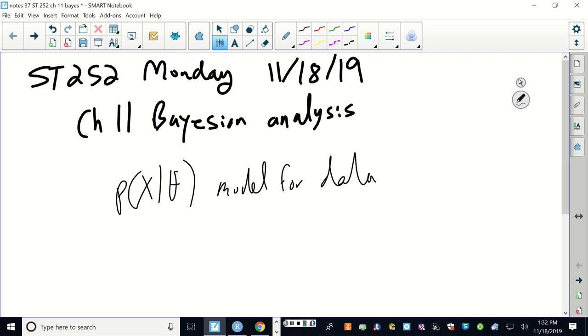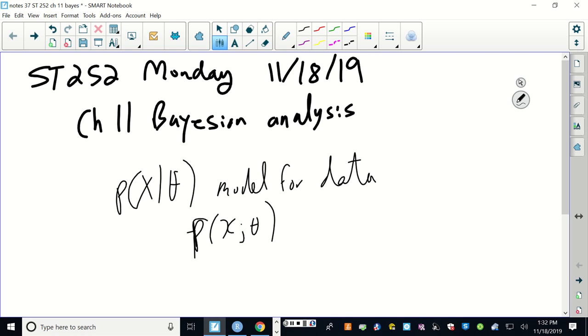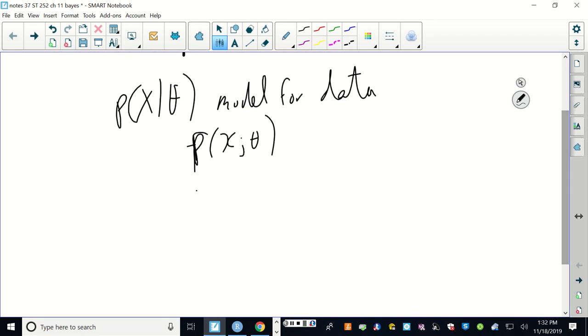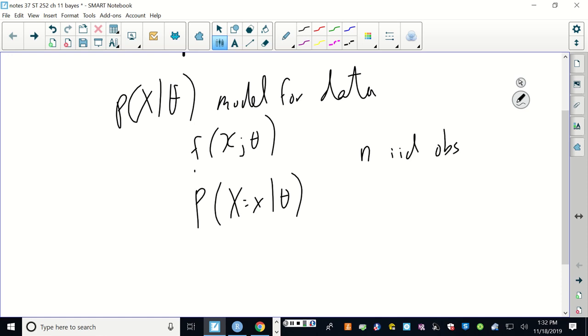And we might have framed this as a density function that has arguments of x for our data and theta as a parameter. Discrete ones might have been the probability that x equals a value depended on some parameter there. And we have NIID observations.